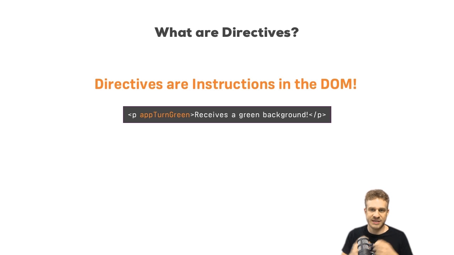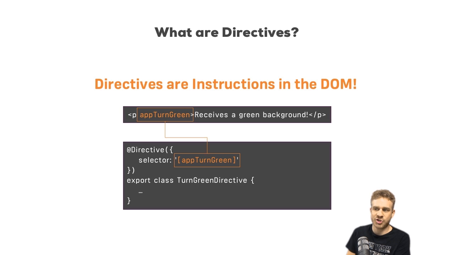So you could also use CSS classes or the element style, but again, typically you use the attribute style. And on this paragraph, this directive might simply color the text green, you could say. So Angular would find this instruction. Here we would have defined our directive with the directive decorator to inform Angular that this class holds a directive. And there we might have the logic to turn this green.